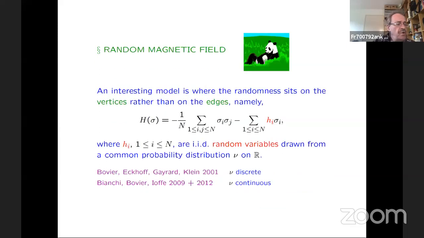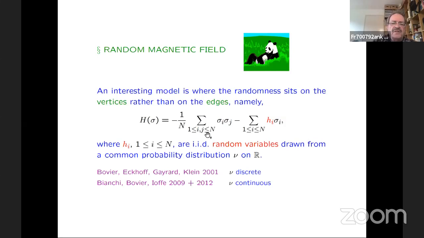Okay, I want to wrap up with a few more slides in which I want to very quickly show you some other models of similar type that people have looked at related to random graphs, and then we will be done.